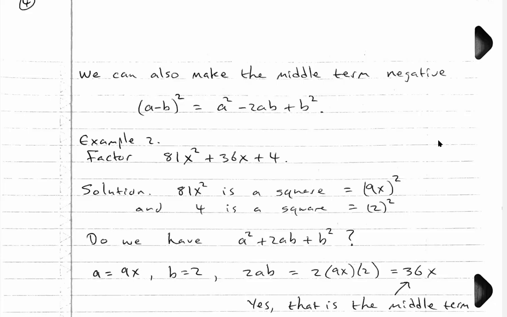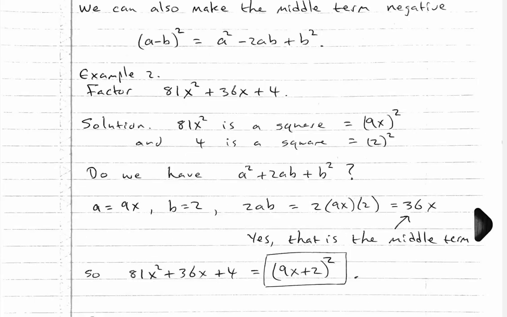Okay, let's see another one. How about this: 81x squared plus 36x plus 4. Hopefully you're recognizing these perfect squares: 4, 9, 16, 25, 36, 81.